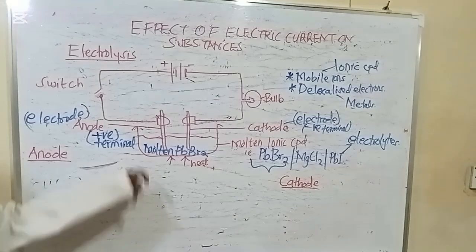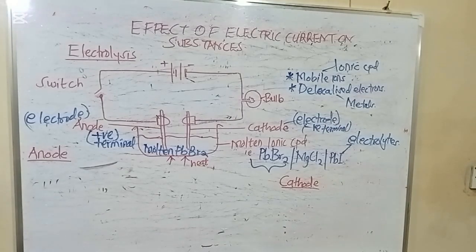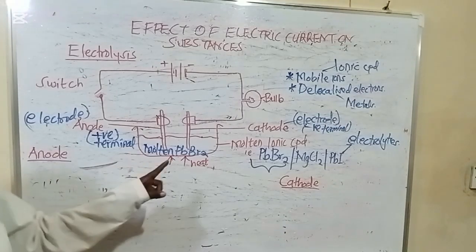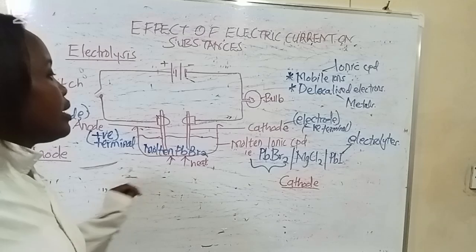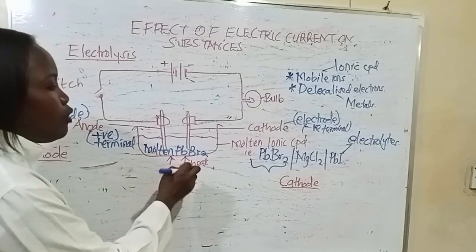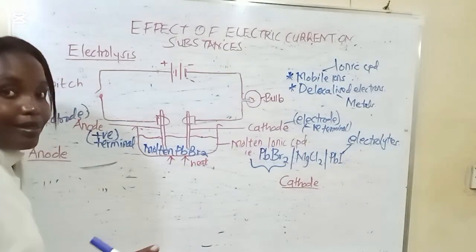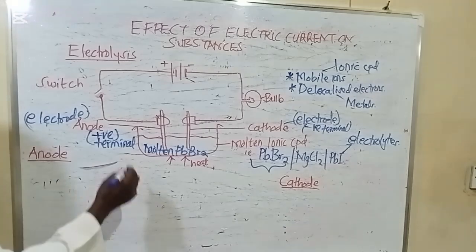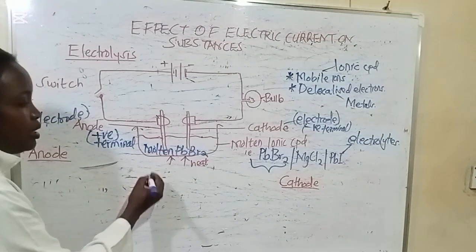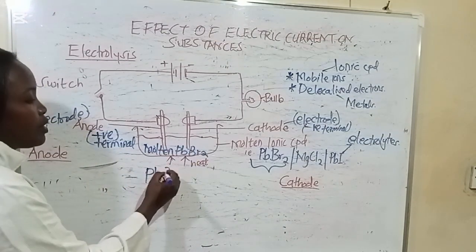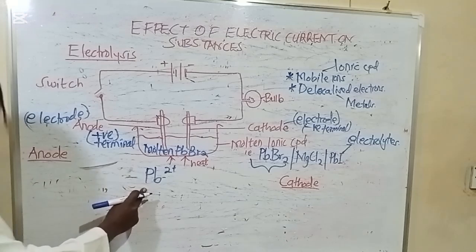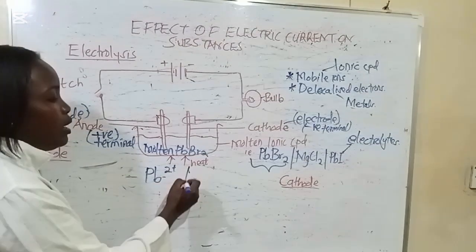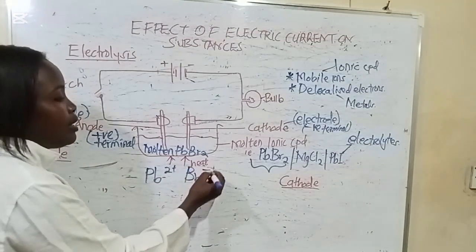During the decomposition of your molten lead 2 bromide, you're going to see the formation of red vapor. The red vapor is due to the formation of what? Bromine gas. Okay? Now, we are going to break our ions down here. We are going to say lead ions are positively charged, while bromide ions are negatively what?